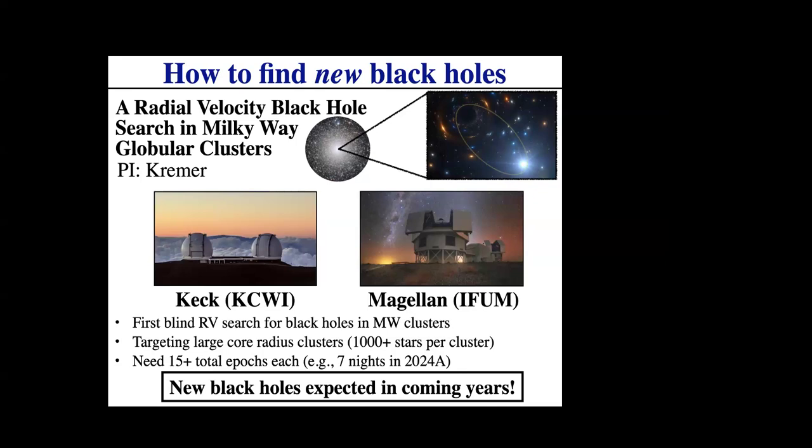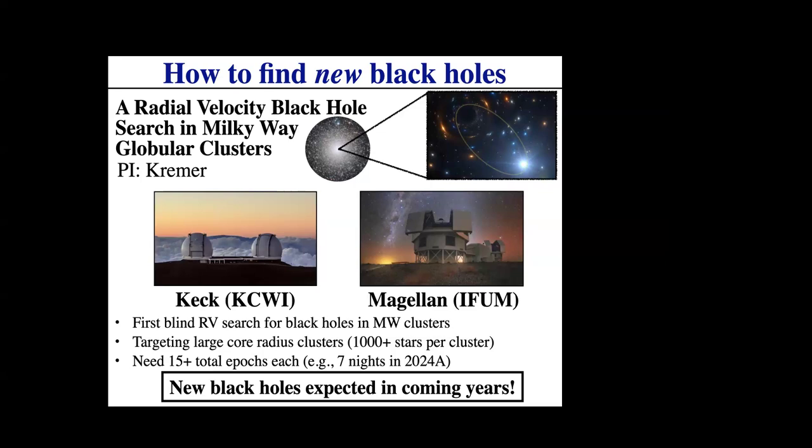The biggest challenge is that you need at least 15, even 20 radial velocity epochs to measure the orbit of these systems, and most of these systems have year to 10-year orbital periods. So the biggest observational challenge is building up enough epochs that you can make precise radial velocity orbital solutions. But we're getting there.